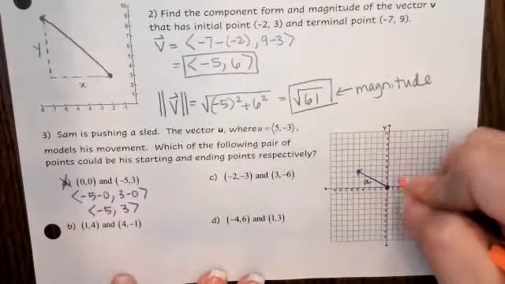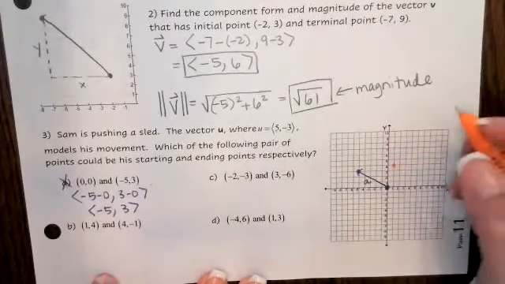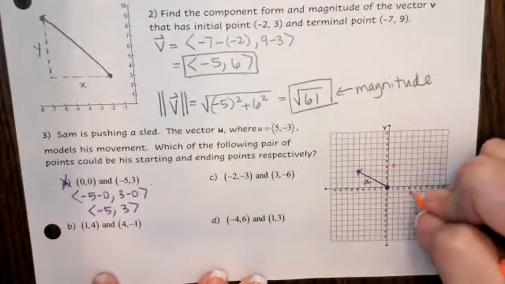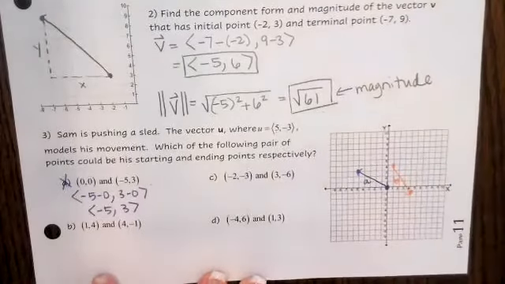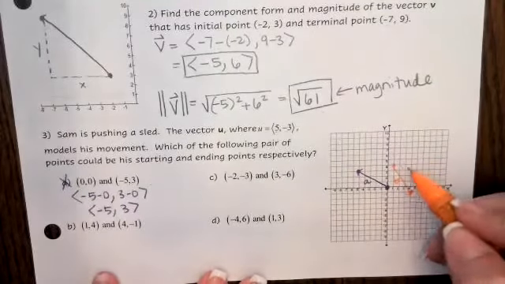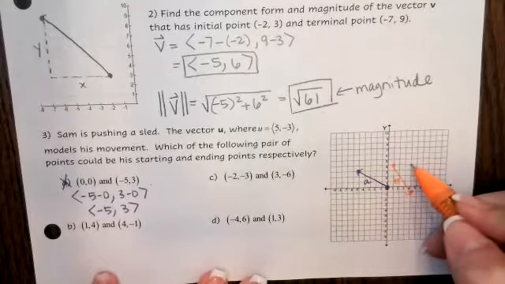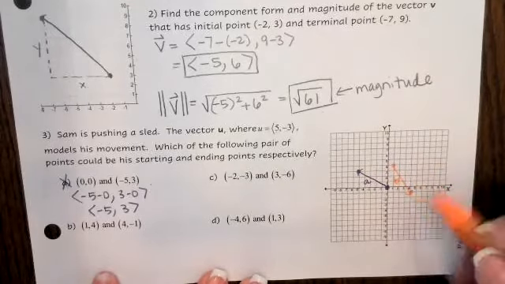For B, we've got (1, 4) and (4, -1). And so there is our vector B. Here we can see that it's gone to the right 1, 2, 3, and then down 5.